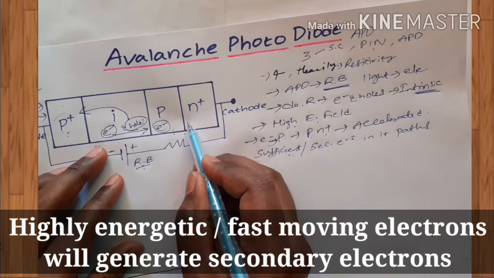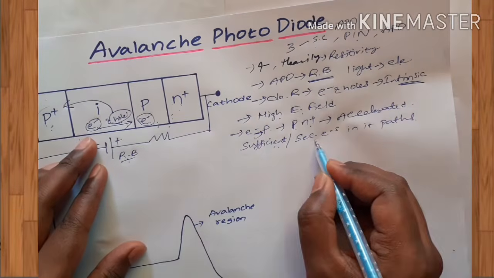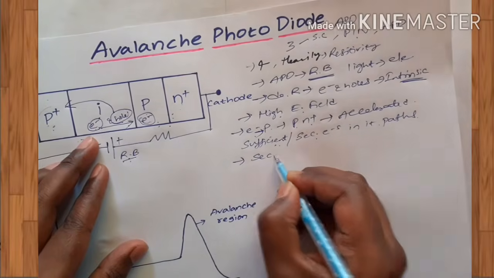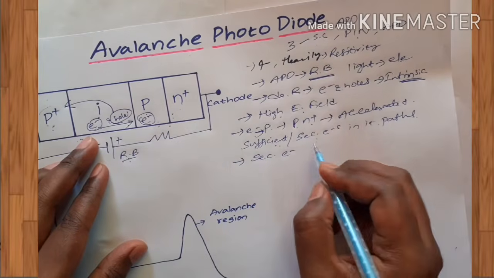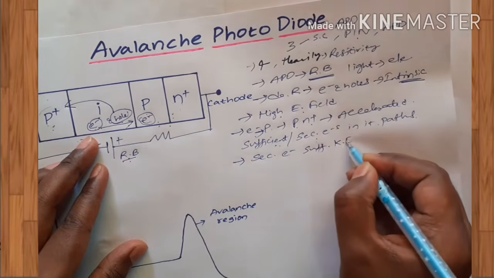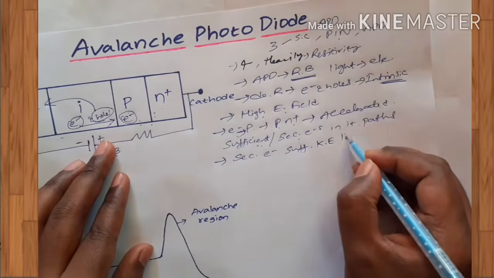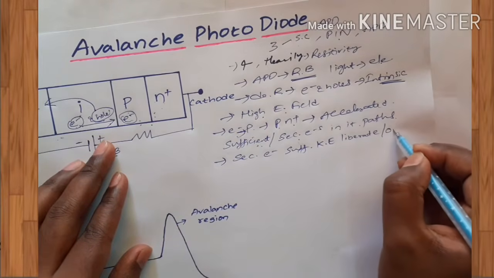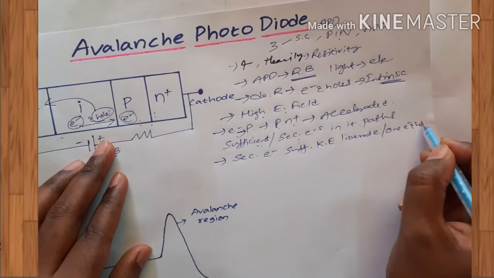Because of that collision, secondary electrons are generated in their path. These secondary electrons also have sufficient kinetic energy to generate one more pair of electron and holes.